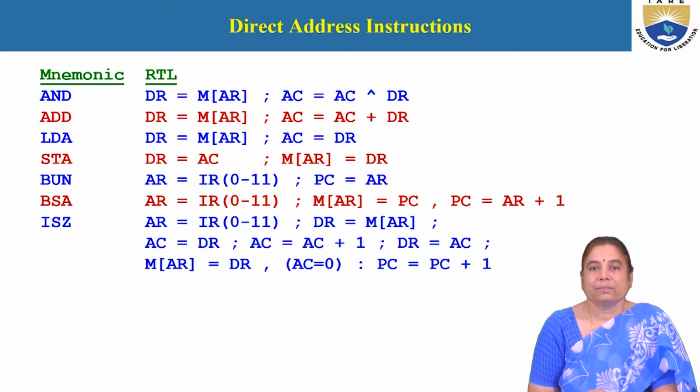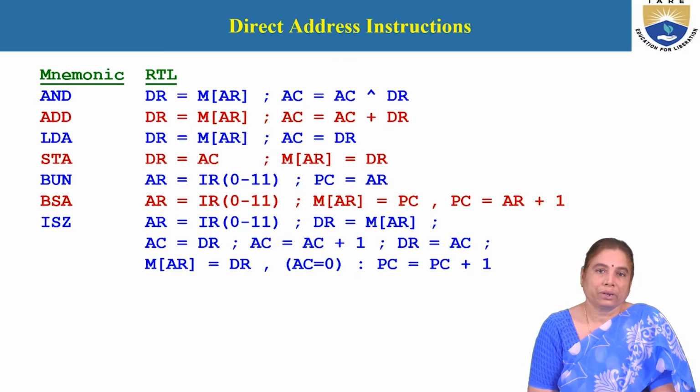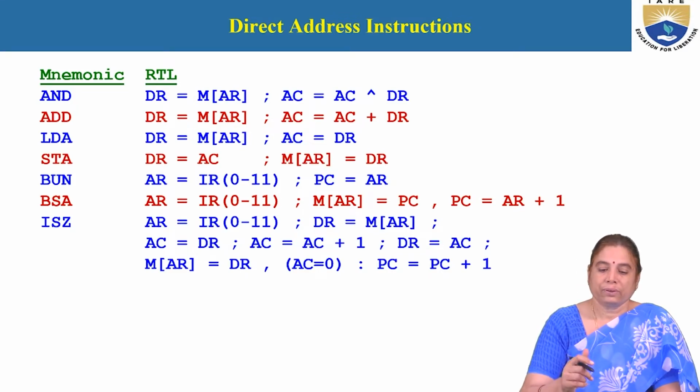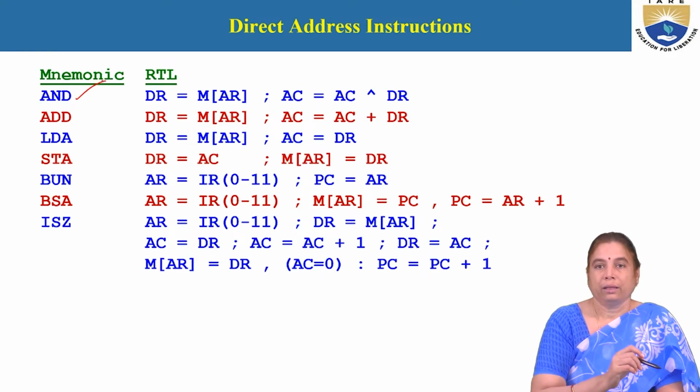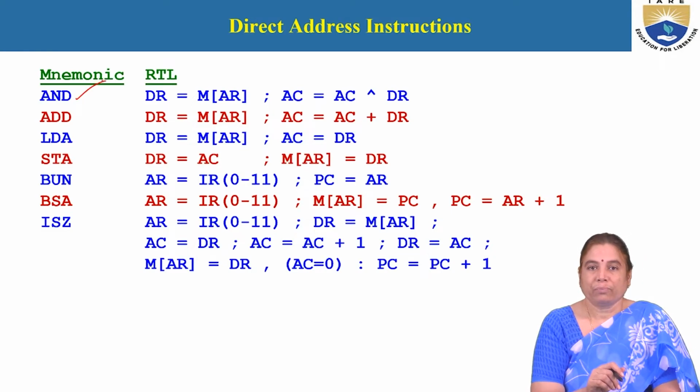Now we will discuss these memory reference instructions with the corresponding register transfer language symbols. The first operation is AND. AND is used to perform the logical AND operation between the memory word and the accumulator.